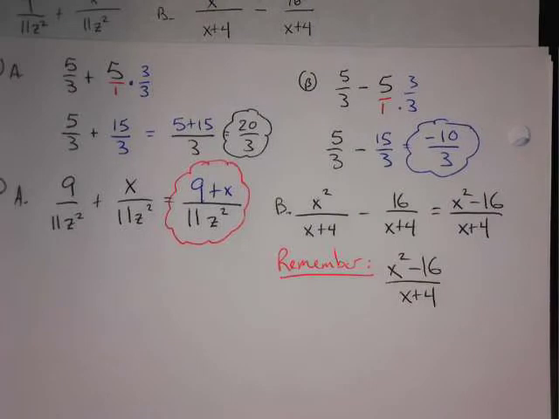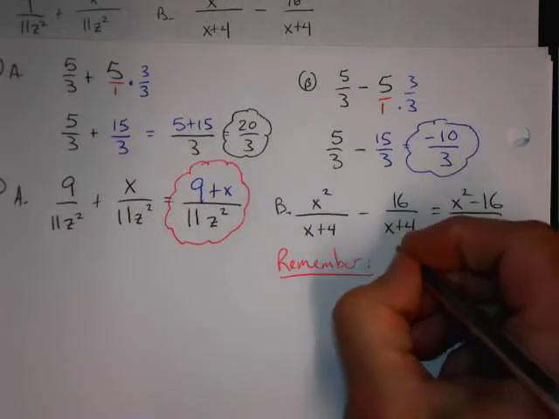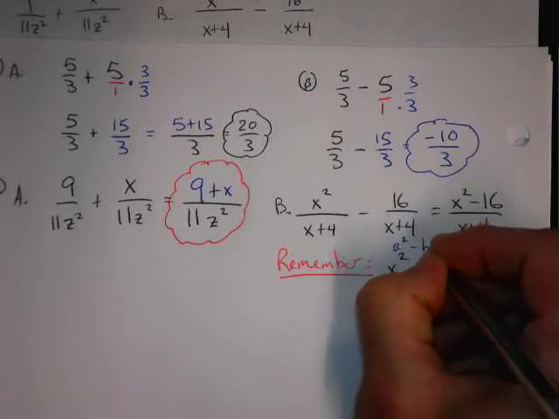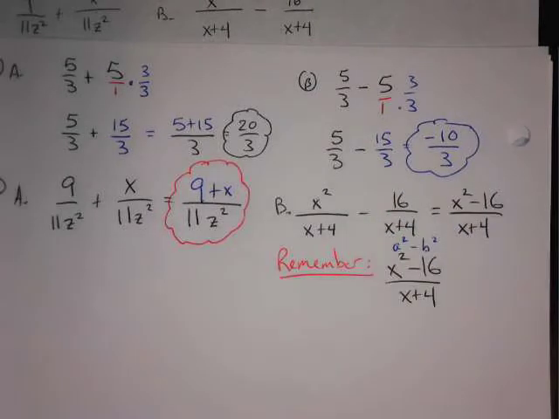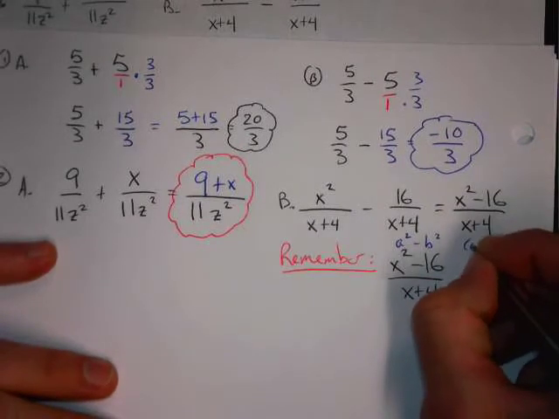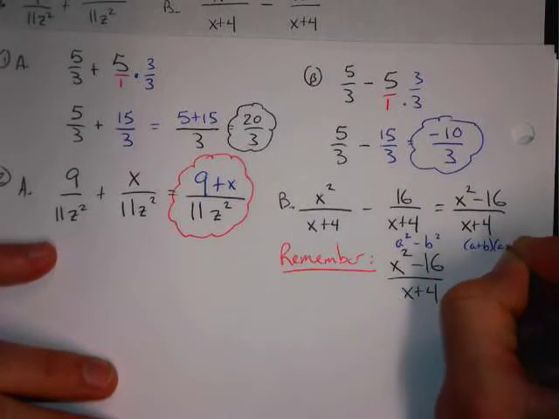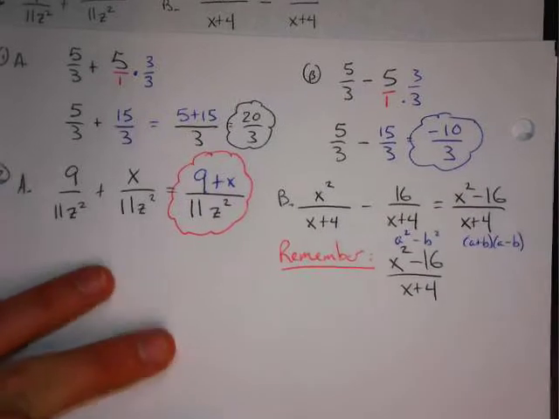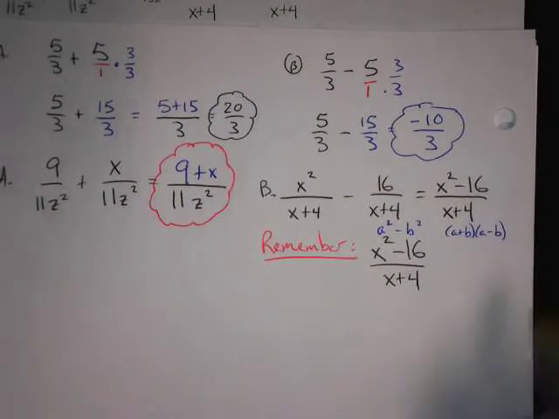Remember, x squared minus 16, that is a difference of squares. So you have to recognize what's going on. Now, if you recognize a difference of squares, remember how we factor a difference of squares. Difference of squares factor into conjugates: a plus b, a minus b. So we have to remember that difference of squares factor into our conjugates.